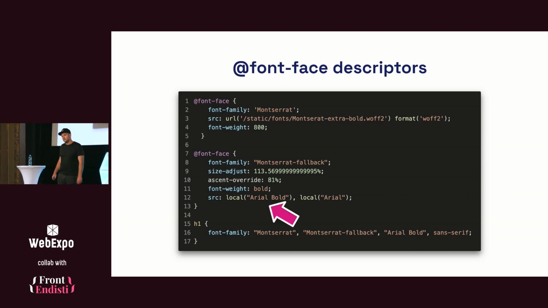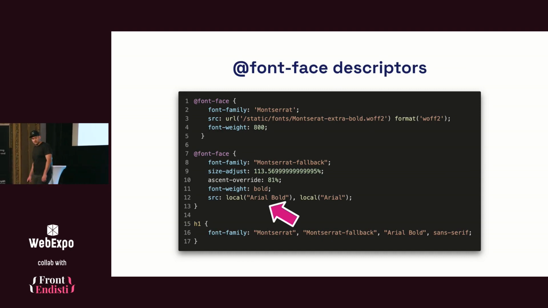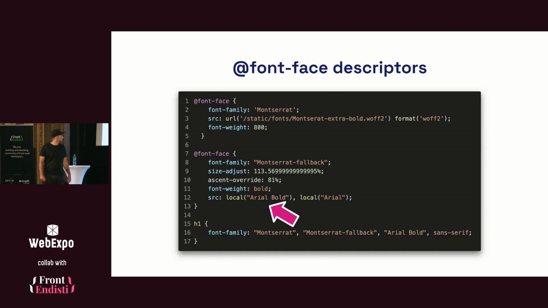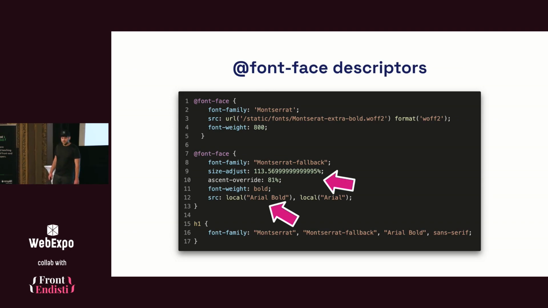We can create a new font family, like a fallback, and take some local font, like here, Arial bold, and adjust its sizing or behavior by some descriptors. Like here, I adjust the size, and also ascent override is moving the main line of the font up and down.